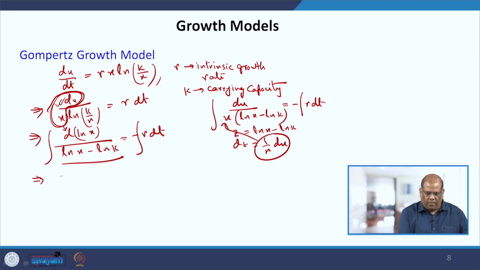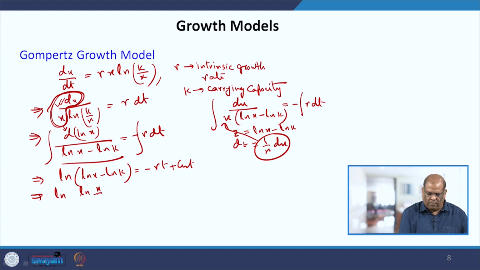So, this will imply ln of (ln x minus ln k) equal to minus RT plus constant, which implies ln of (ln x by k) equal to minus RT plus constant.